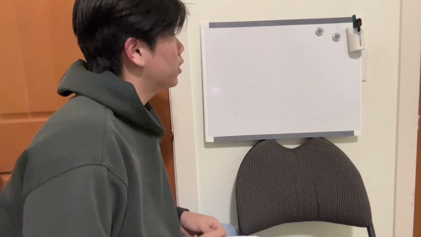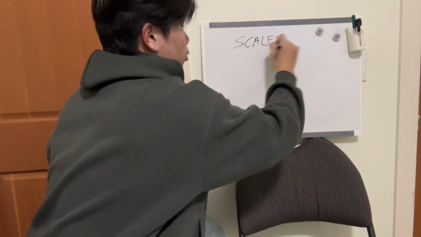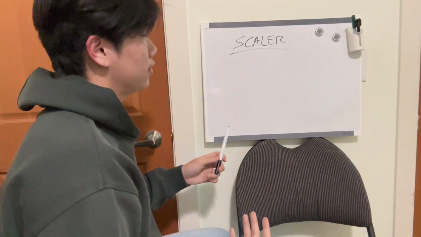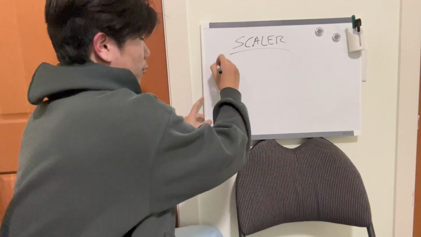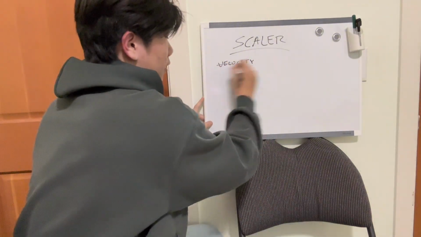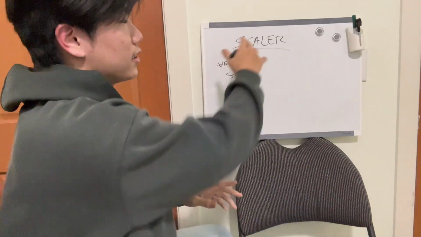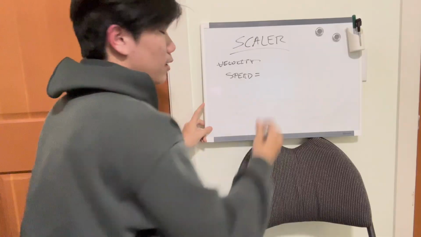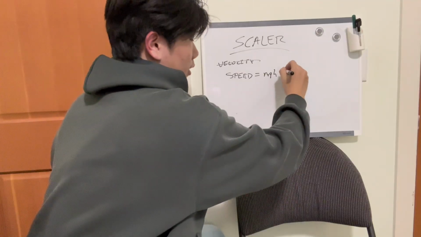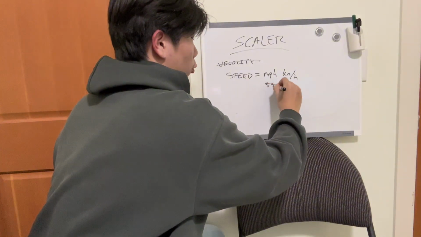Well, if you want to know what a vector is, you should also know what a scalar unit is. Scalar units are the exact opposites of a vector. They don't have a direction. So we talked about how velocity is a vector, but speed is not a vector. It's a scalar unit. Why? Because speed, you could just say it is miles per hour, or kilometers per hour, or 55 horsepower.